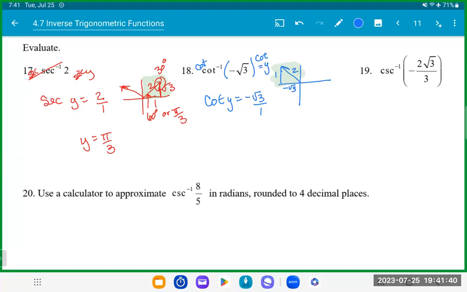And so this will be a 2 here. This is 30 degrees. If that's 30 degrees, then this is 180 minus 30 degrees. So that's 150 degrees, which is equivalent to 5 pi over 6. So in this case, my cotangent inverse of negative square root of 3 is going to be 5 pi over 6.